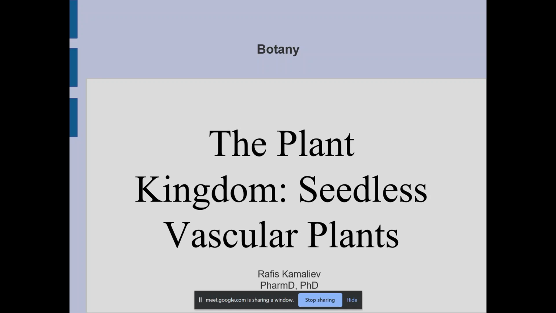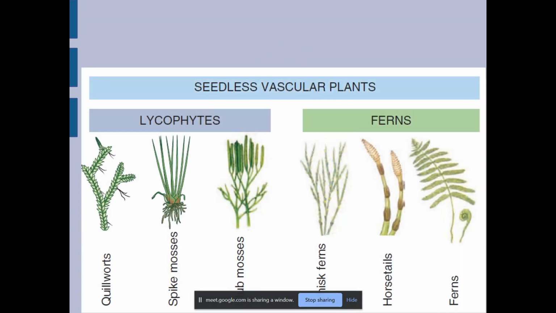The most important adaptation that these plants introduce is the vascular tissues, xylem and phloem. These tissues are used for support of the plant and for conduction of minerals for the xylem and organic substances for the phloem.